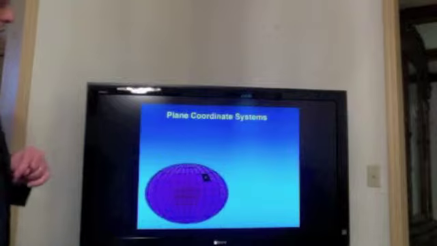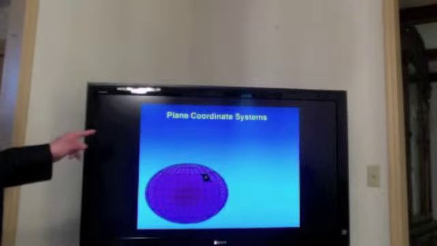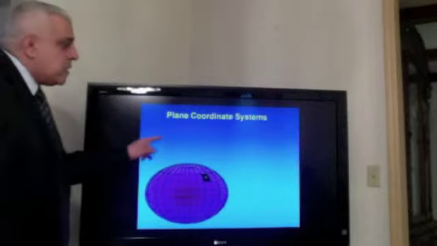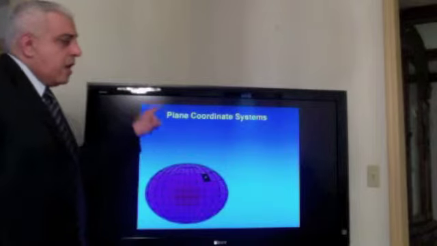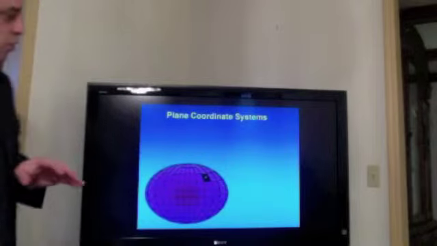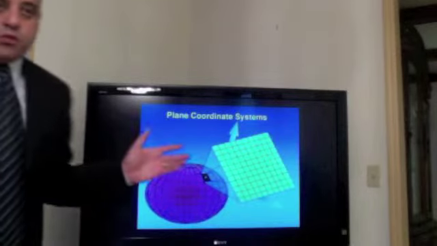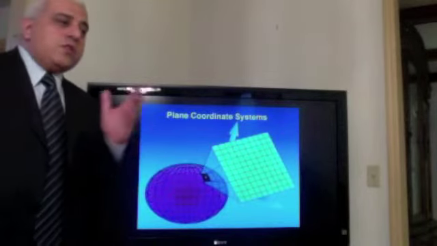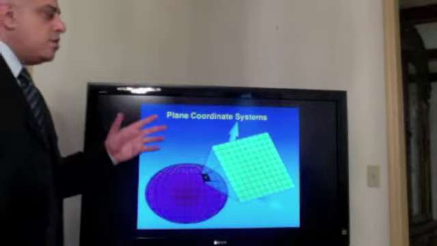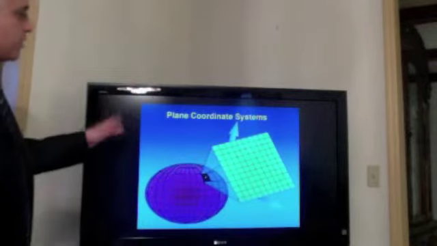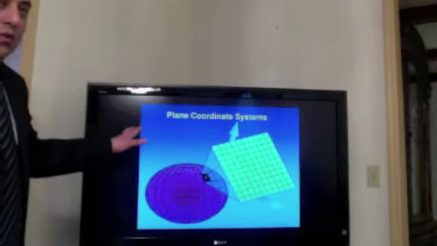The following step is to convert the spherical coordinates, latitude and longitude, to plane coordinates. Knowing that all the engineering, all the projects need metric units, nobody will work with spherical coordinates.